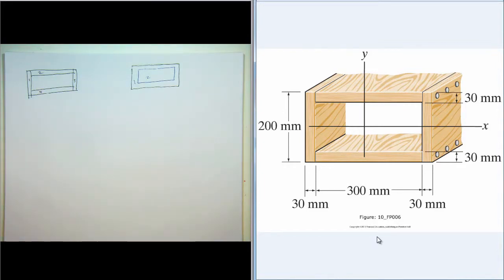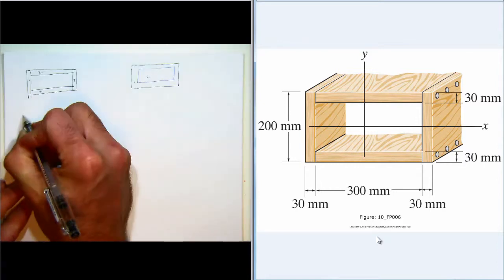Again, when we are working on these composite bodies, it's good to make a table because we'll have quantities for all the different parts. So we'll go ahead and consider this to be 4 pieces.